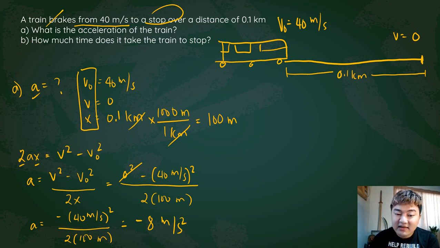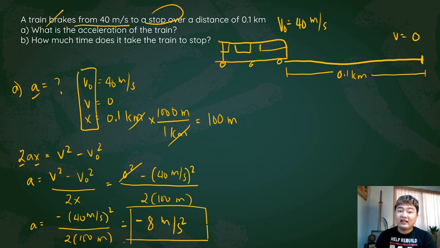Which means that the acceleration of the train is negative 8 meters per second squared. And remember, this negative here represents the direction of the vector, which is acceleration. So 8 meters per second squared going in the opposite direction.